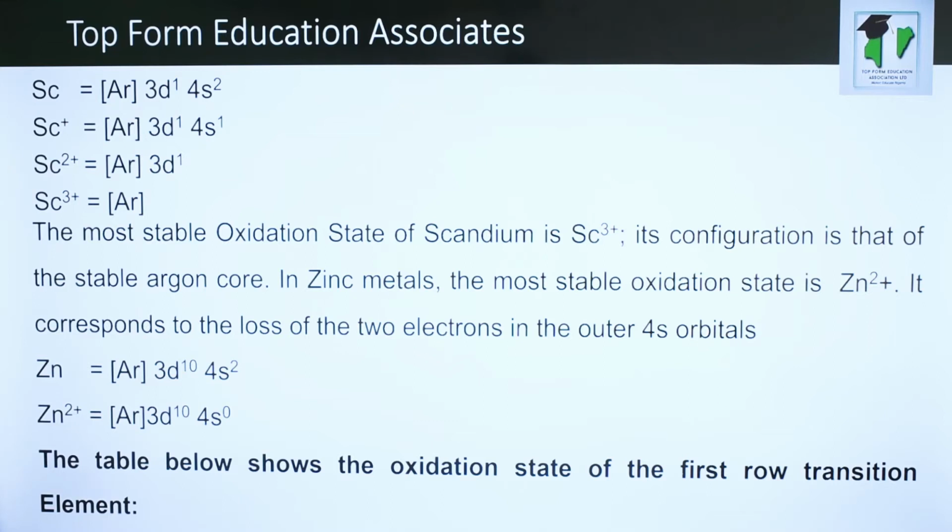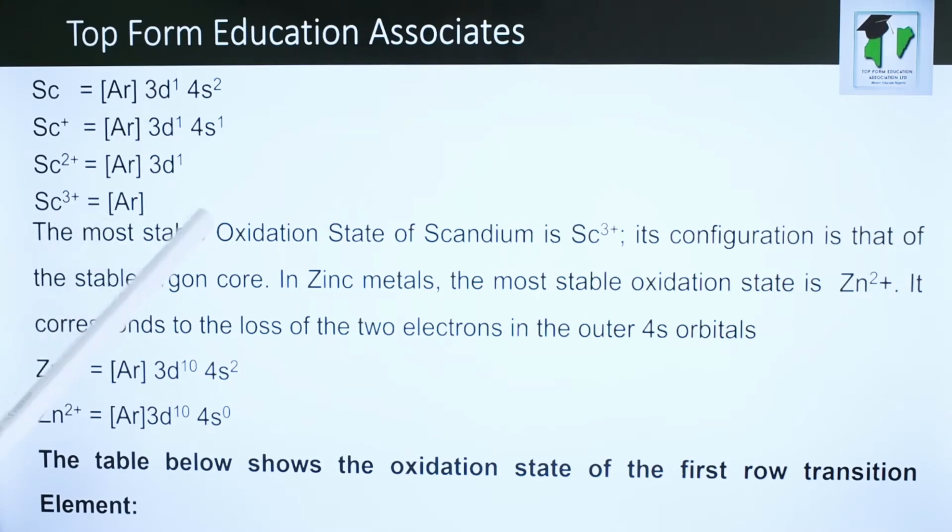Scandium, after losing 2 electrons, will have 2 positive charges. That means it has lost 2 electrons, and that's why the configuration there is 3d only. There is no 4s electron there. Then, for Sc3+, it has lost all the valence electrons.